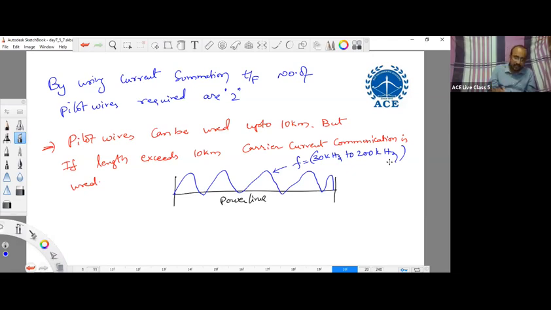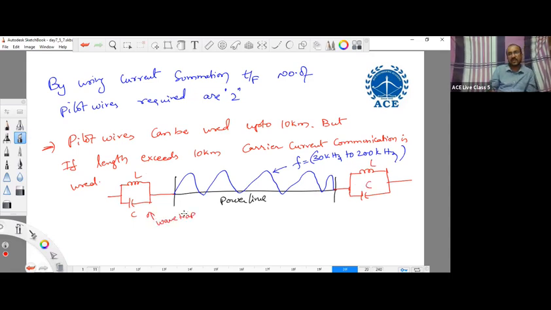Now here we will be using a circuit known as a line trap or wave trap, an LC circuit.